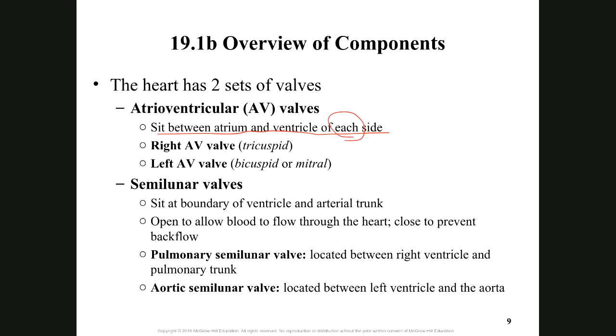Between right atrium and right ventricle, we have right AV valve, and we call it tricuspid valve. I will show you the picture. And between left atrium and left ventricle, we have left AV valve or bicuspid valve, and the other name is mitral valve.